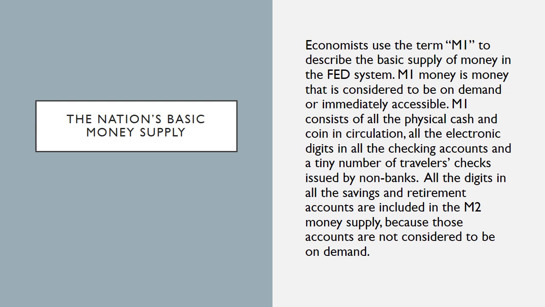M1 consists of all the physical cash and coin in circulation, all the electronic digits in all the checking accounts, and a tiny number of traveler's checks issued by non-banks. All the electronic digits in all the savings and retirement accounts are included in the M2 money supply because those accounts are not considered to be on demand.